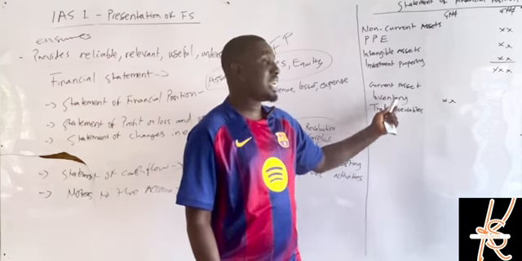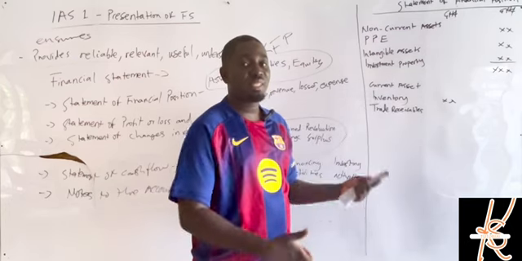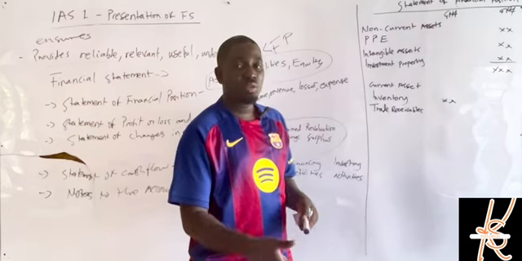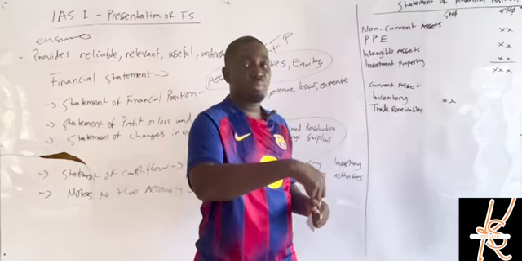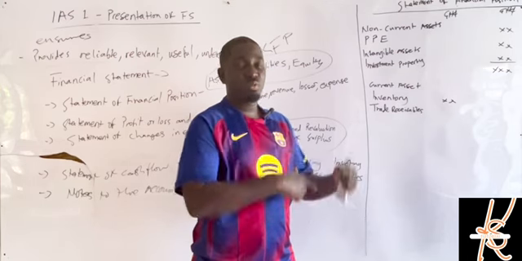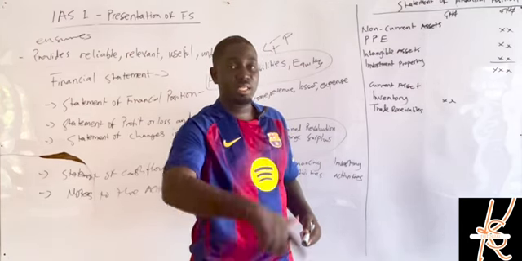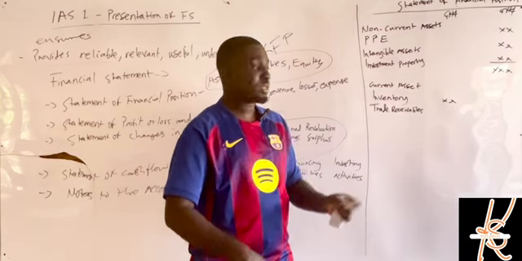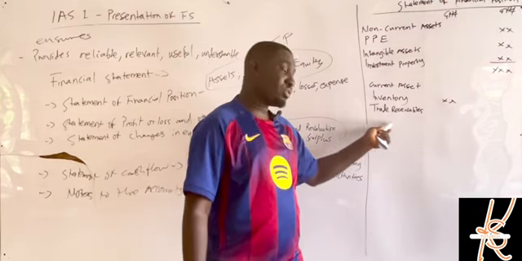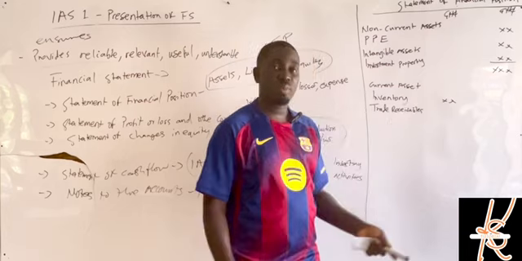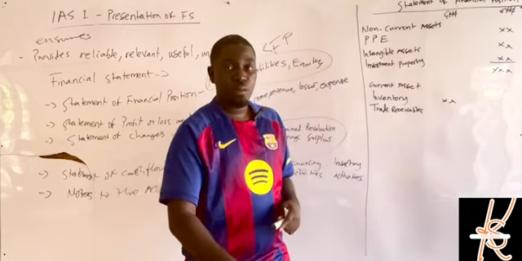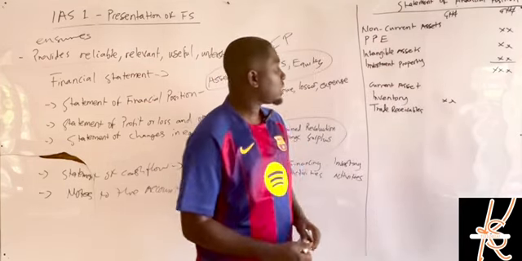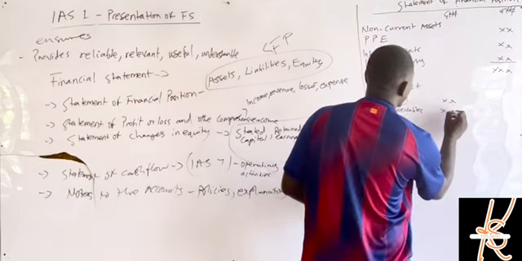Your inventories are the stock you have in your office that you'll be selling within the next 12 months, not the ones you've sold, but the ones remaining that you will sell before the next reporting. And then your trade receivables, as I said, those who are owing you but will pay within the next 12 months. That one will be here.